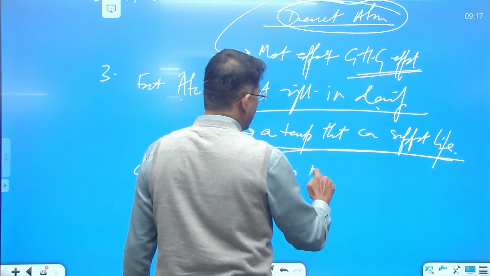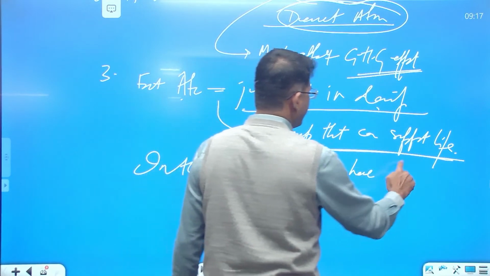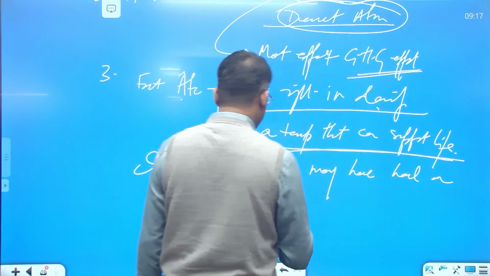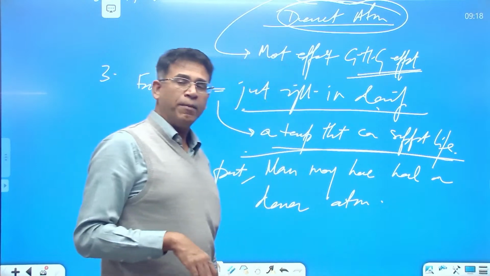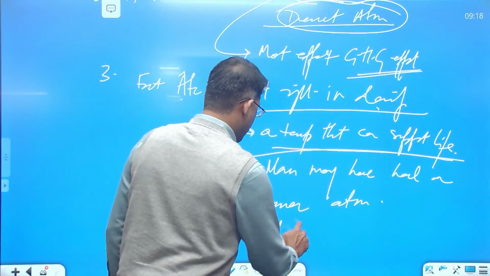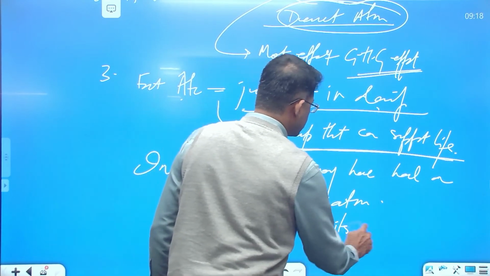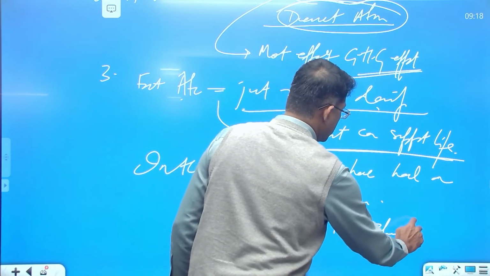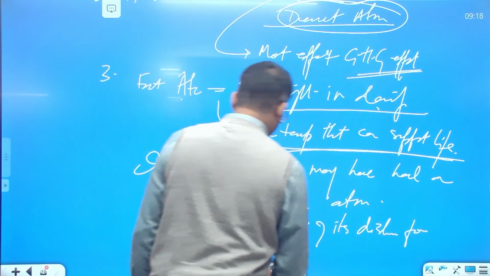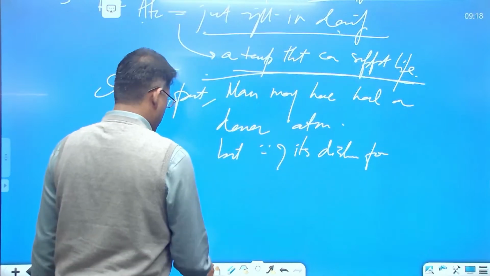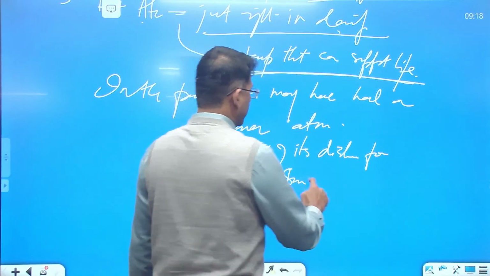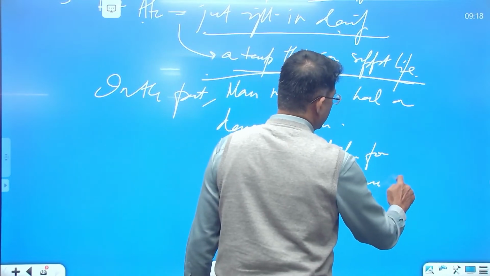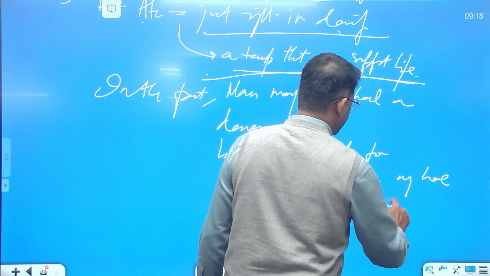Mars may have had a denser atmosphere, but because of its distance from the sun, the gases may have escaped.